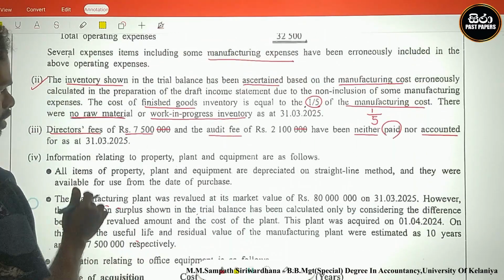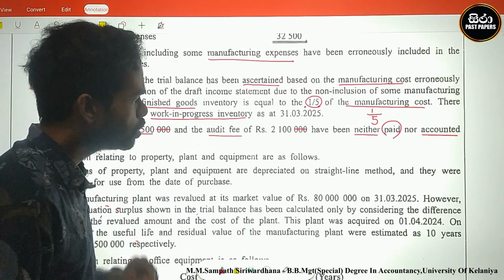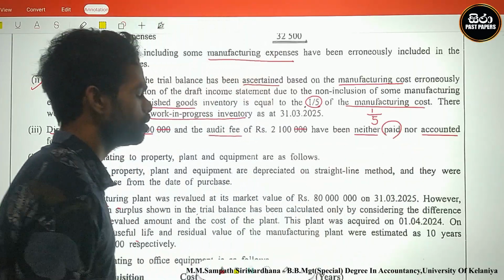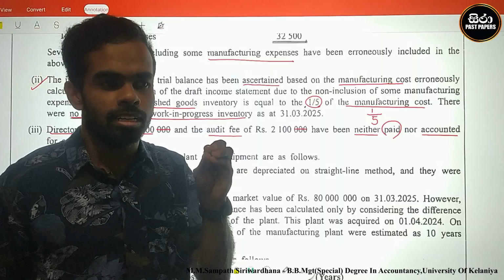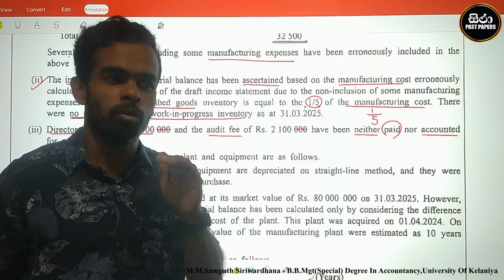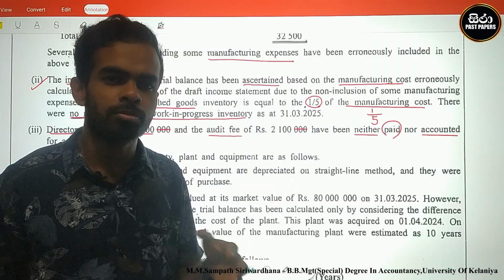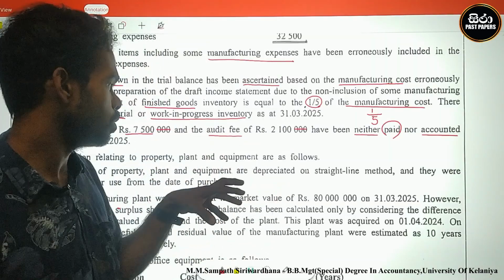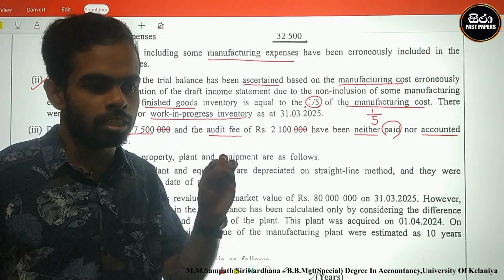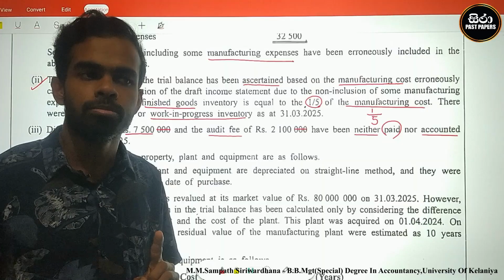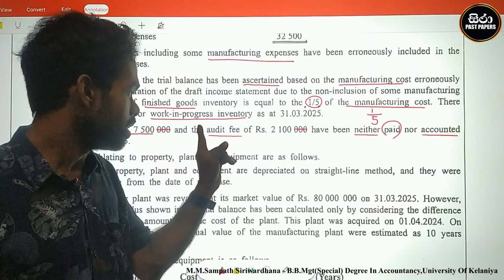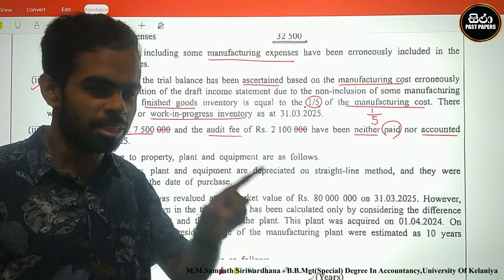Look here, there is an audit fee 2,100 that has been neither paid nor accounted. Therefore what is the double entry? The audit fee expense debit, audit fee payable credit. These are the same locations for director fee and audit fee. What is the location? Director fee expense is identified in administration expense. Director fee payable, audit fee payable, other payables.